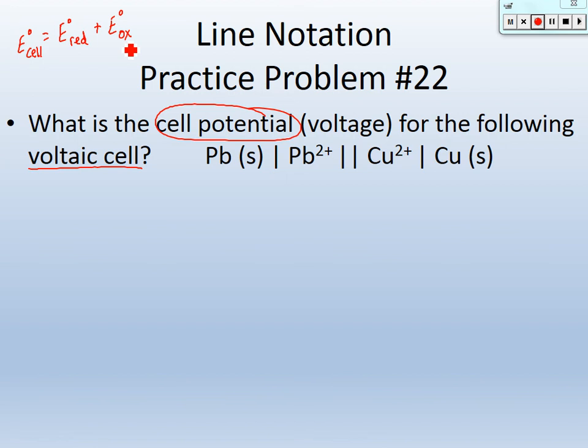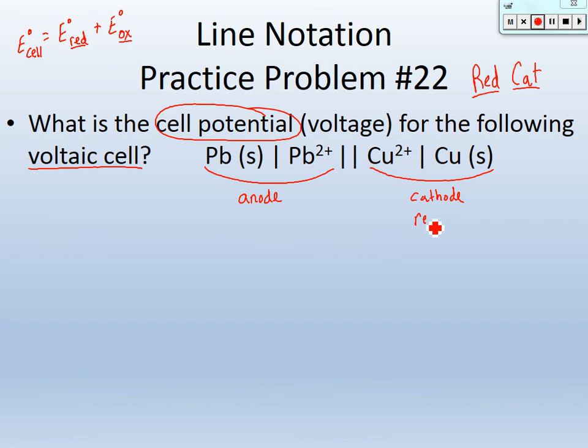Well, okay, so this is our anode. So we have to pay attention. This first part is our anode, and this part is our cathode. So in order to determine what is being reduced and what is being oxidized, we've got to remember the red cat, which means reduction happens at the cathode.